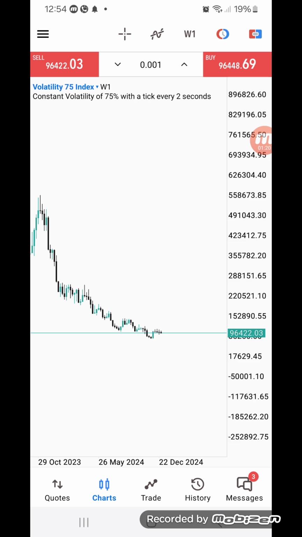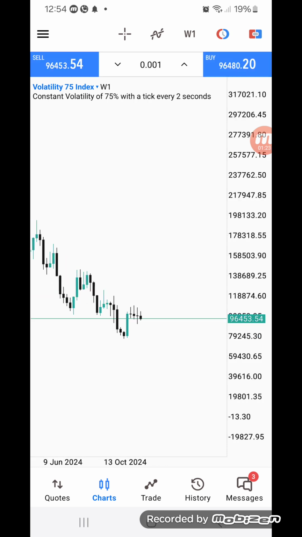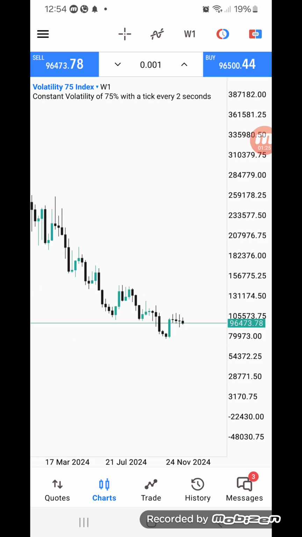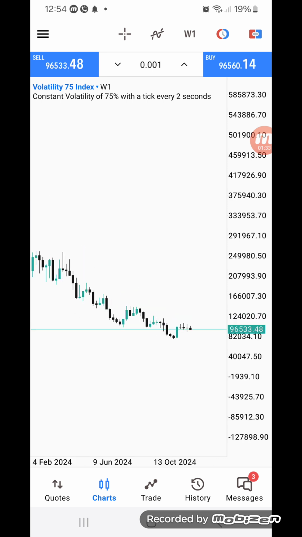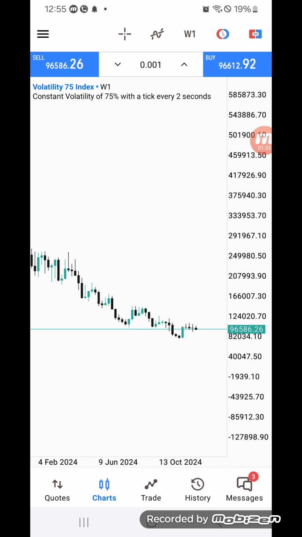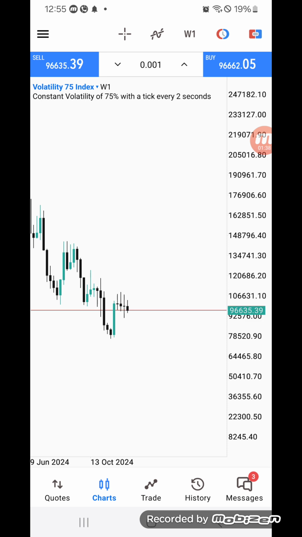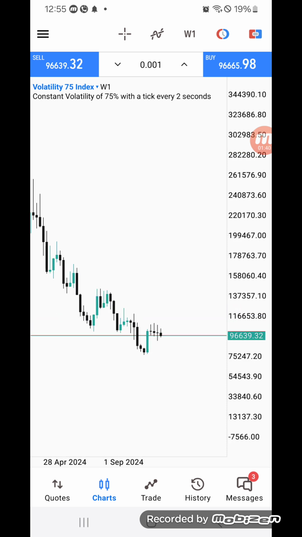Now we are going to start with the weekly time frame. We all know that our time frames are very many, and we will start with the weekly time frame.